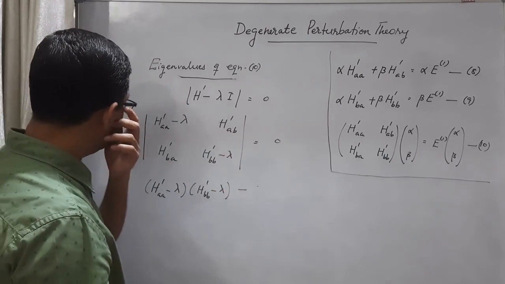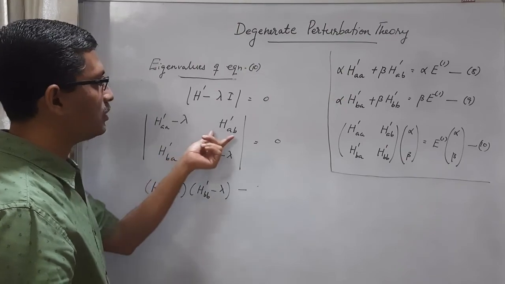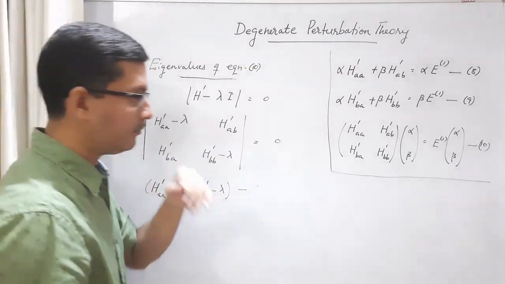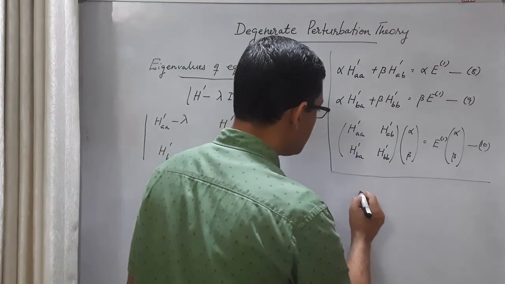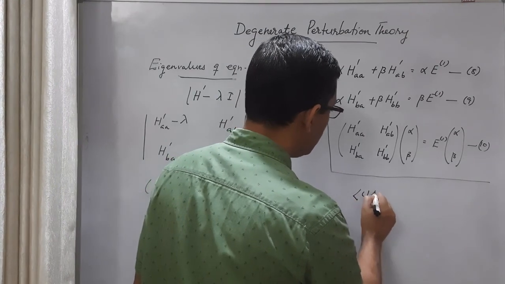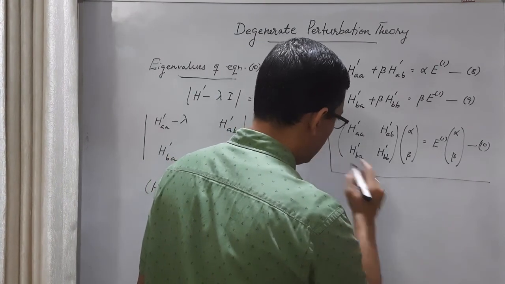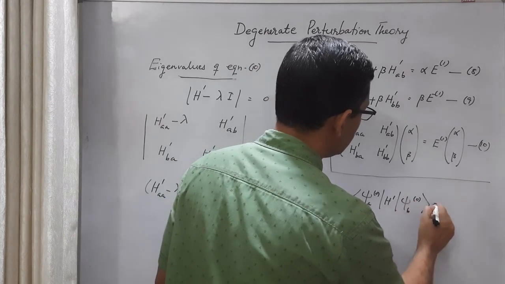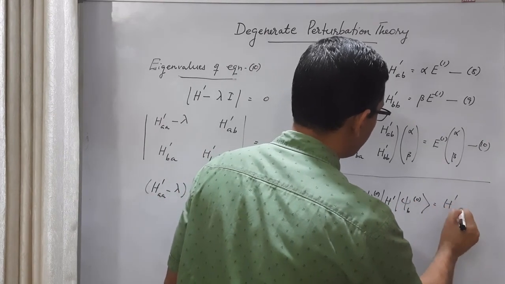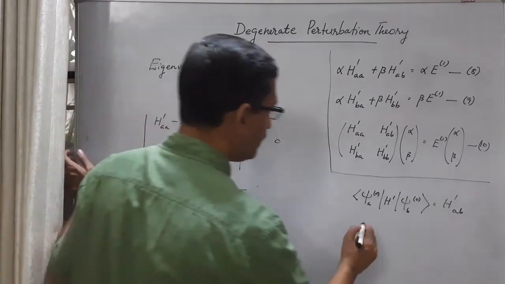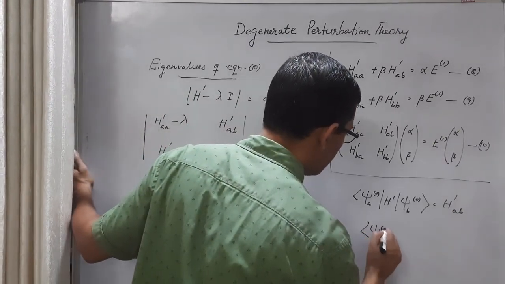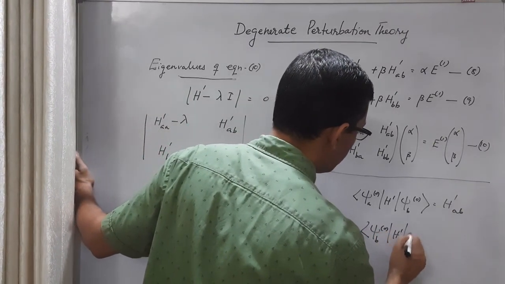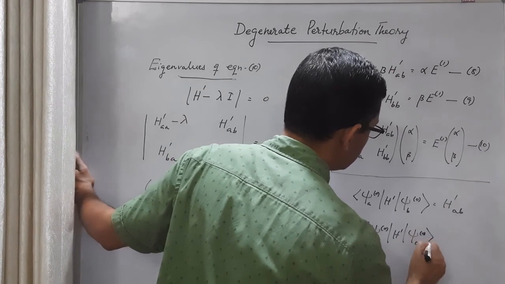But we can say H prime BA is actually the complex conjugate of H prime AB. For example, psi A0, H prime psi B0, this is H prime AB. Right? What is H prime BA? It is psi B0, H prime psi A0.